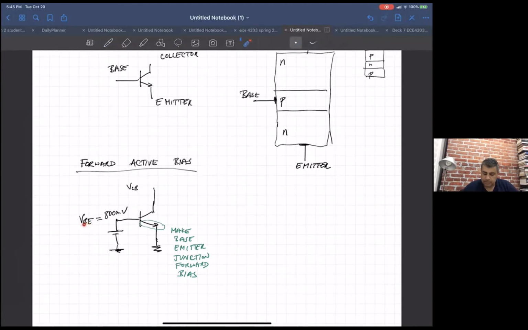VBE is the base emitter voltage. Now I'm drawing the collector base junction, the voltage difference between the collector and base. And I'm going to make that a little reverse bias. Just give it 200 millivolts.